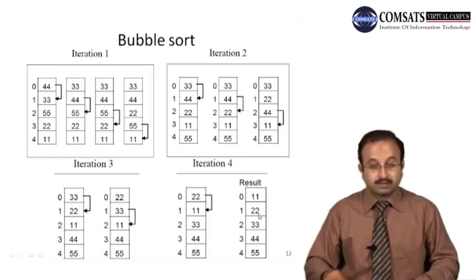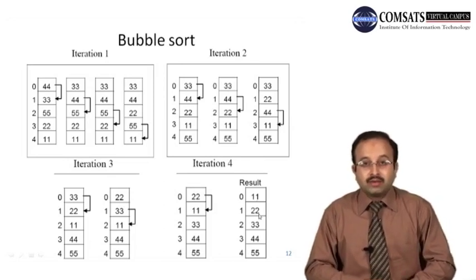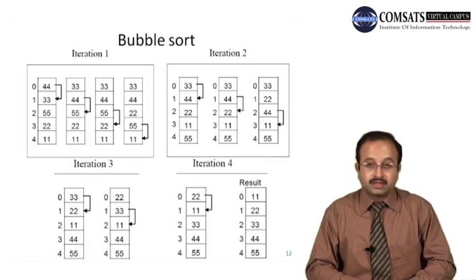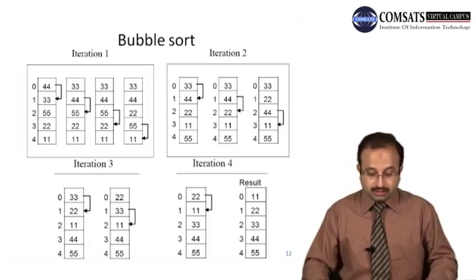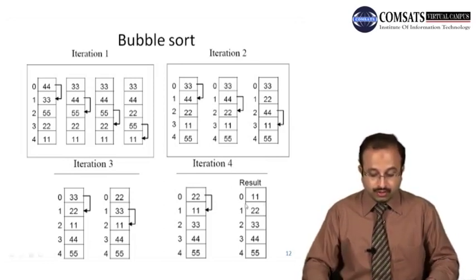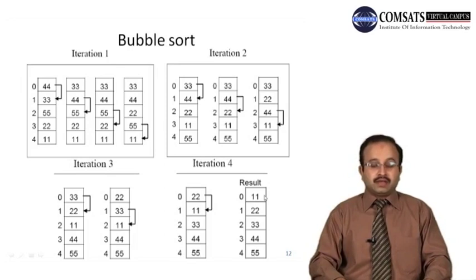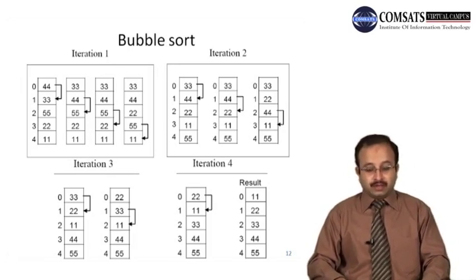Then it swaps these two elements, and the 22 value at the 0th index comes at the 1st index. So at the end of the fourth iteration, the fourth element comes at its position, and when these four elements come at their position, the fifth element is the first element, that is the smallest element, and that is already in its position.